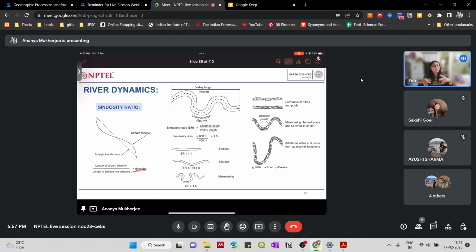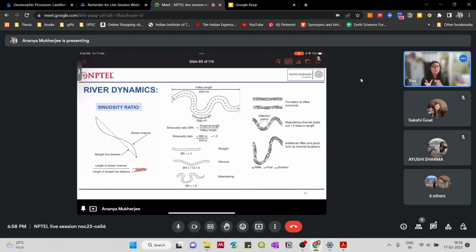So why do we need to understand the sinuous nature? Sinuous nature is going to help us to understand the erosional activity of that river channel. It will tell us whether the river channel is prone to shifting in that river valley. Is the river valley going to get extended beyond its current drainage divide, or is it going to invade the neighboring drainage basin?